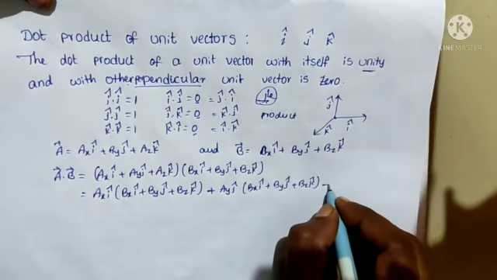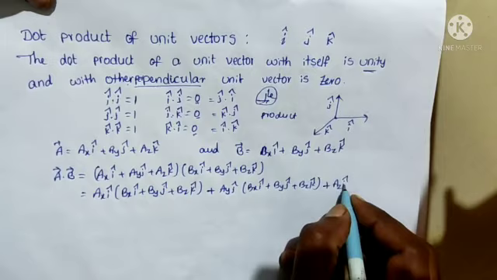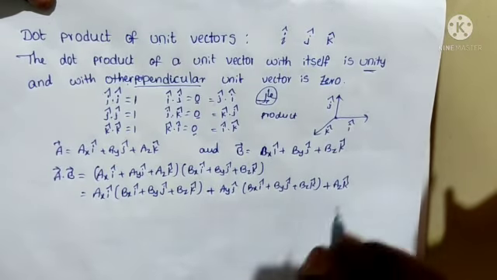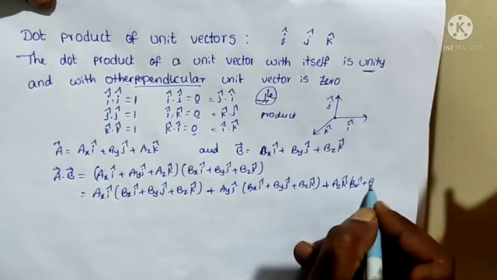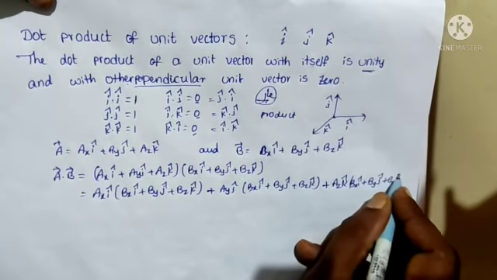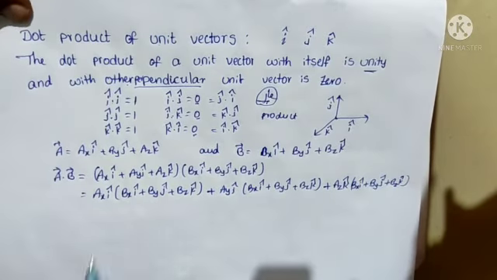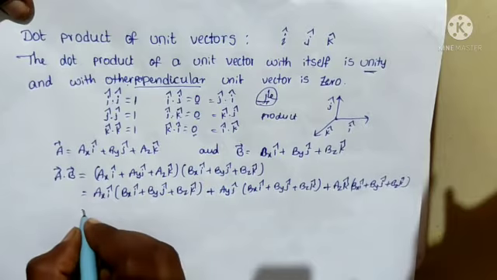Now Az multiplied with the B vector: Bx i cap plus By j cap plus Bz k cap. Now Ax is multiplied with each and every component in that bracket.